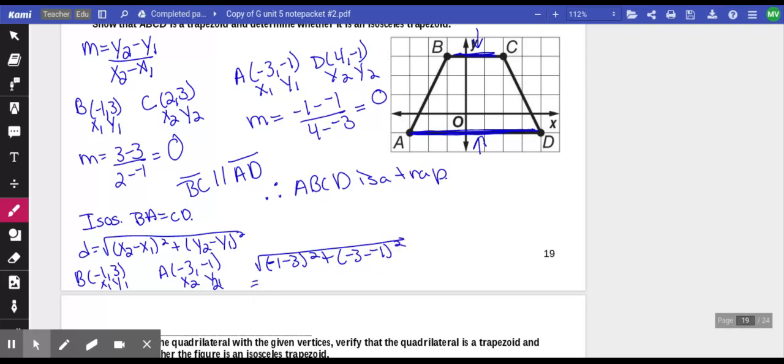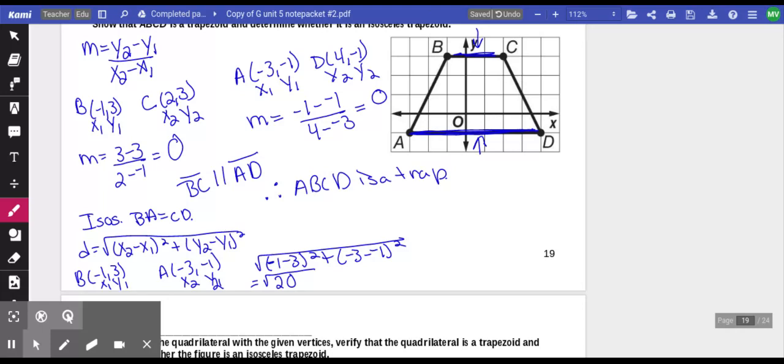And I just do that on my calculator. So it's the square root of 20, which I can make a decimal if I want, but I don't have to because I'm really just trying to find out if they're equal.